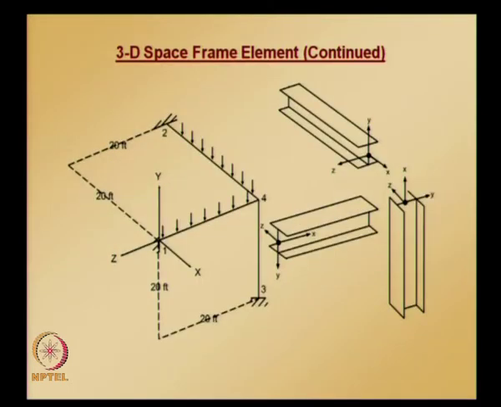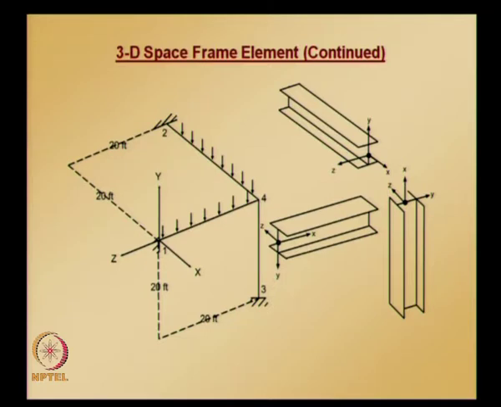So, this is the frame we need to analyze, 3-dimensional space frame, and if you see here all the dimensions are given, length of these members are given, and also global coordinate system is indicated in the figure, and also for each of the members local coordinate system is indicated, and also nodes are numbered.